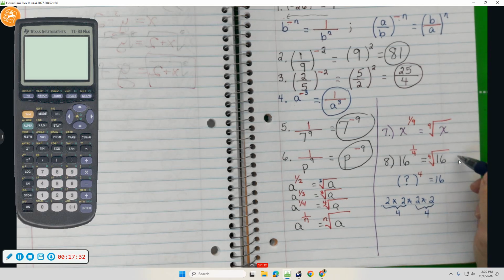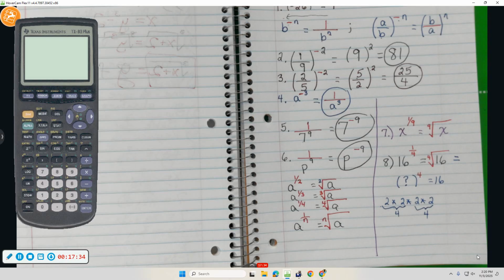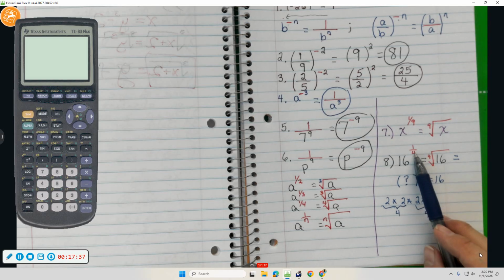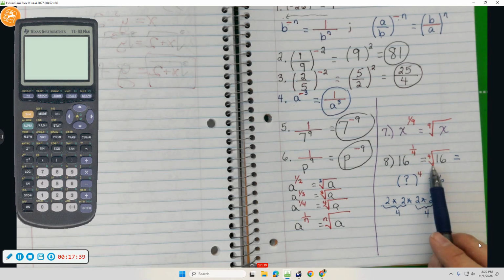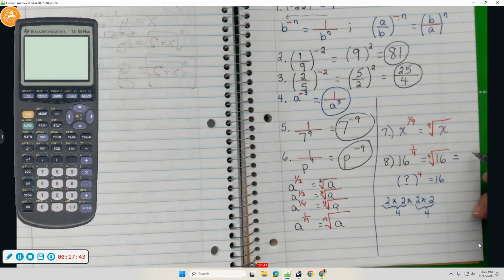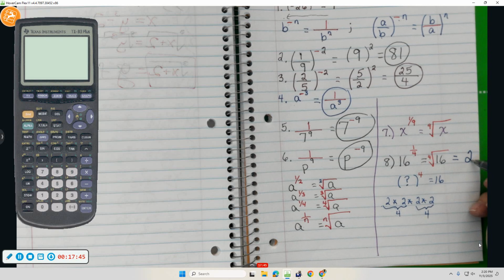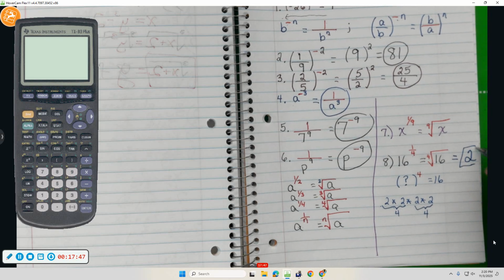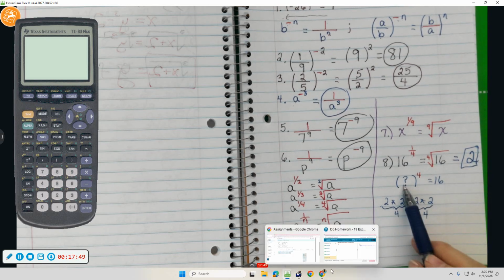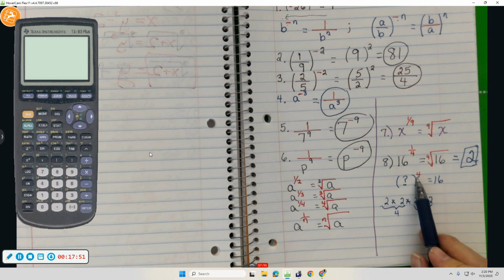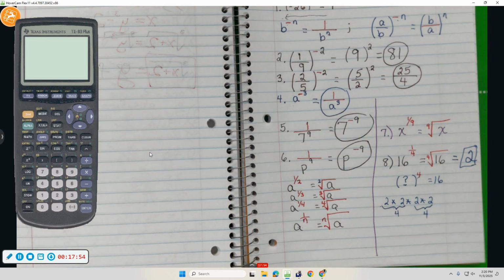So what's the answer that we're going to punch into the box on this one? 16 to the 1/4 is the same thing as the 4th root of 16, which is 2. What number can you raise to the 4th power and get 16? Just a 2.